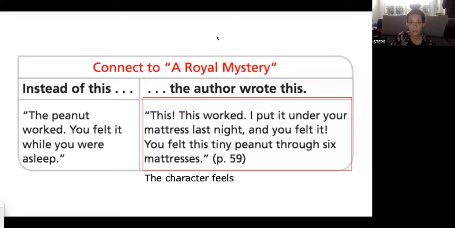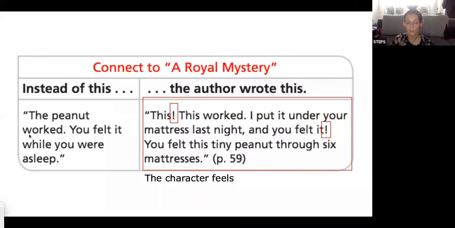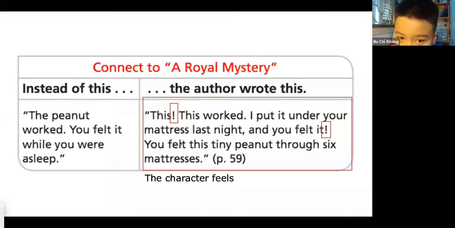Let's look at some of our punctuation. What are these end punctuation marks? Boo, can you hear me? Yes. What end punctuation did I just circle? Exclamation mark. Okay.